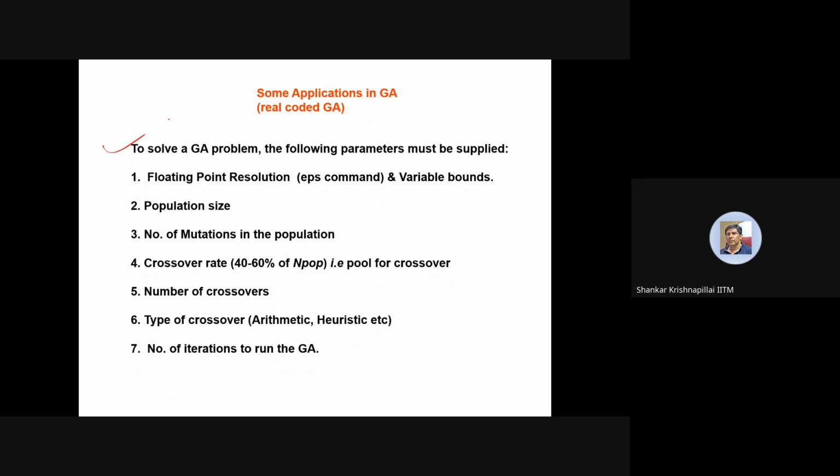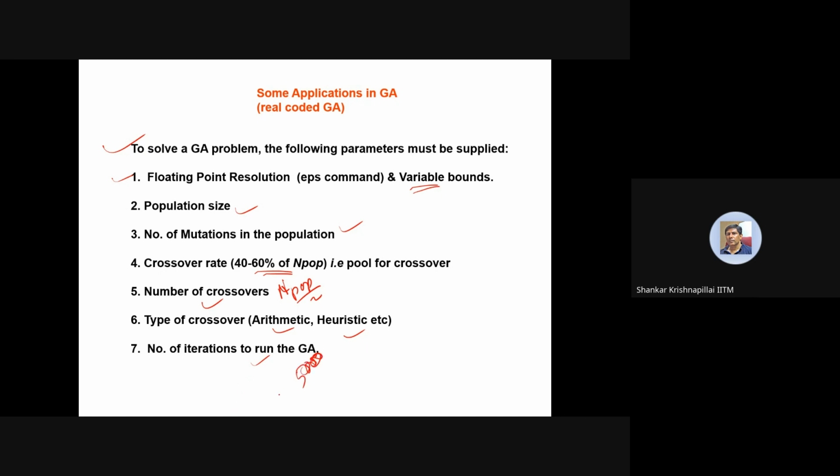To solve the genetic algorithm problem, you have to give the accuracy or the floating point solution, variable bounds of X and Y, population size, number of mutations required or probability of mutation, crossover rate, that is percentage of the population which is shortlisted as parents, the number of crossovers, that is NPOP by 2, population by 2, and type of crossover, arithmetic or heuristic, and number of iterations to run the GA, say 500 iterations.